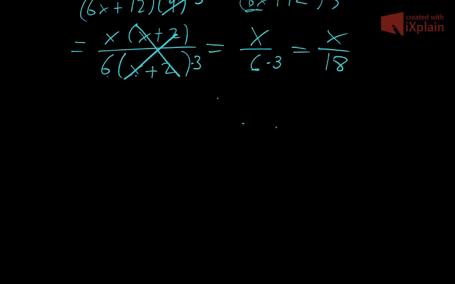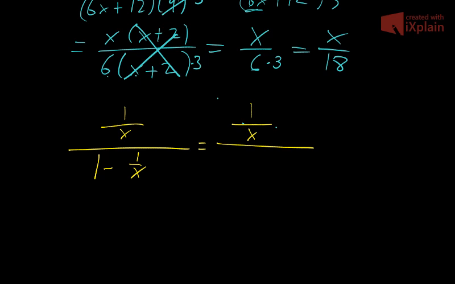So we'll do one more, which is going to be 1 over x divided by 1 minus 1 over x. This is a little more complicated, because what I'm going to have to do is turn this bottom part into a fraction. Right now it's not a fraction, it's a whole mess of things, and I don't really know what to do with that. To turn this into a fraction, I got to make them have like denominators. So that's going to be divided by x over x minus 1 over x.